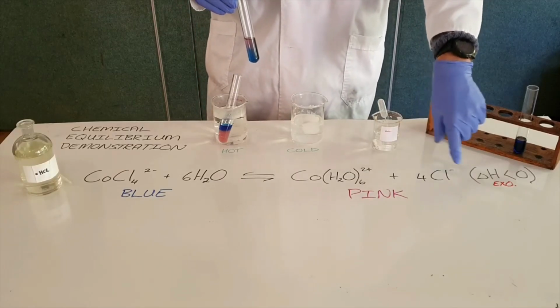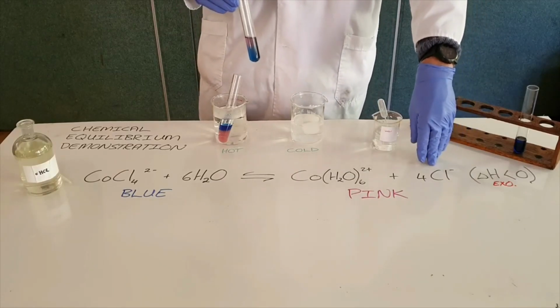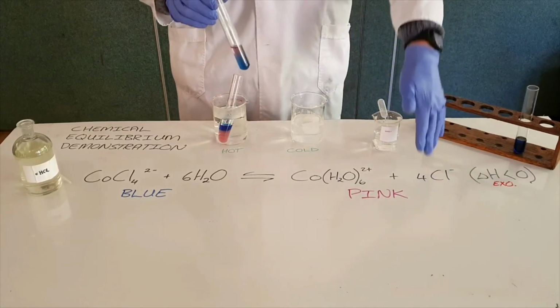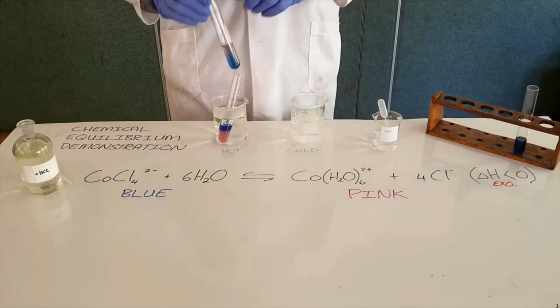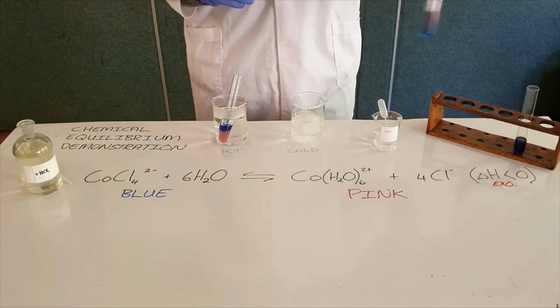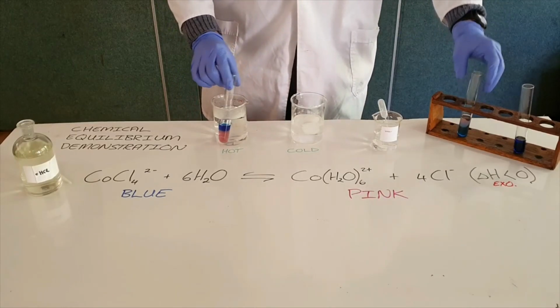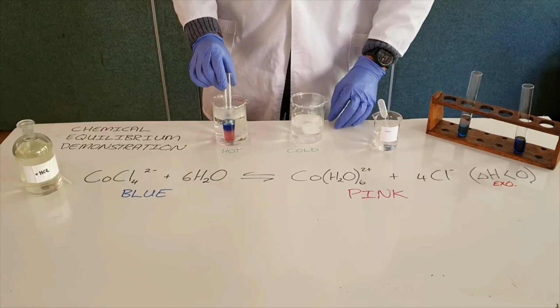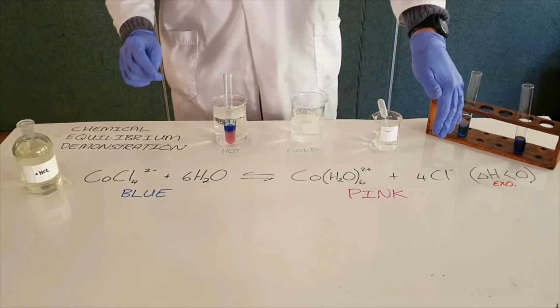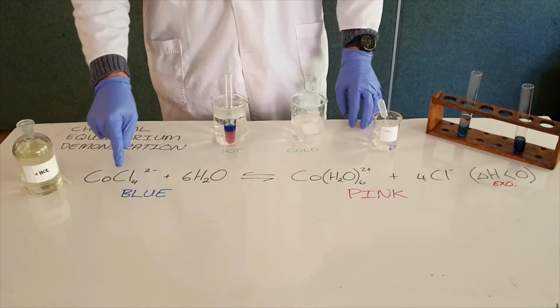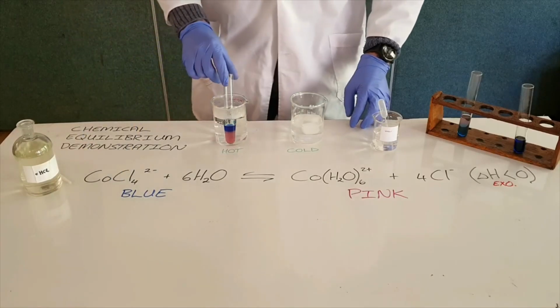You can add something that contributes to the overall number of ions, and that will still change the concentration and therefore the equilibrium position. In this reaction over here, we have very clearly favored the reverse reaction. The reverse reaction produces more cobalt chloride, which is blue in color.